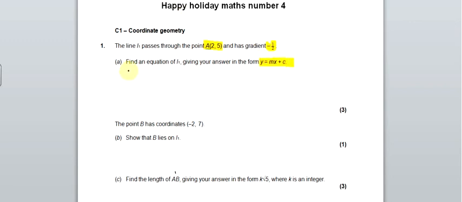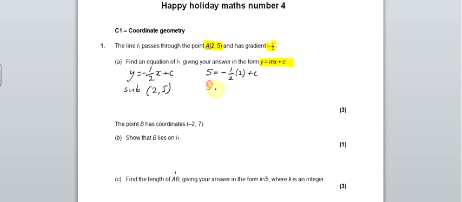So, nice straightforward start. y is equal to minus a half x plus c, and then we substitute our point in, which is (2, 5), to find c. So we have 5, which is y, is equal to minus a half times 2 plus c.